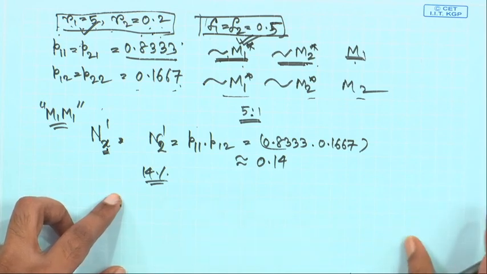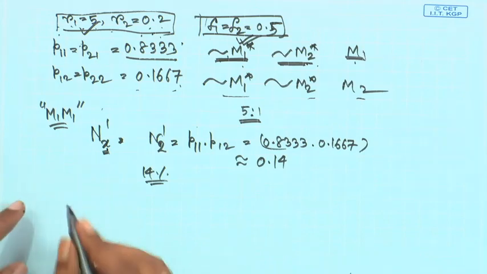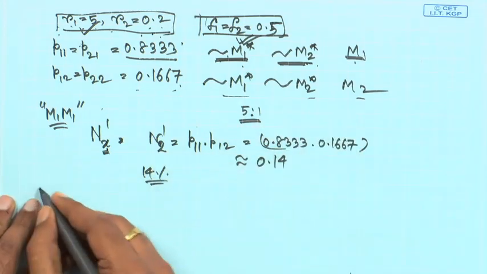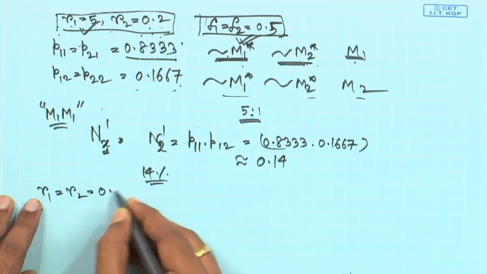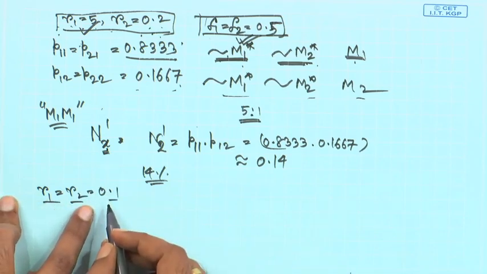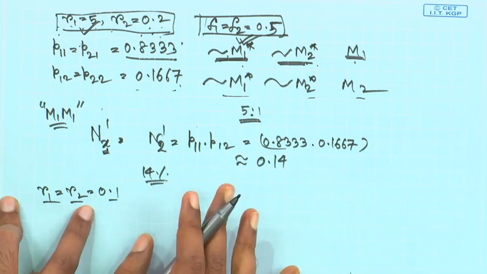Now, if you are considering something else, let us say an alternating copolymerization, R1 equals R2 equals 0.1, both of them are low, but they are not 0. So, that means there is no perfect alternation. If there is a perfectly alternating system, then both the monomers will go in equal proportion into the copolymer in a perfectly non-random fashion, M1 M2, M1 M2, M1 M2, and regardless of the feed composition of the co-monomer, you will have 1:1 both the monomers going into the copolymer.